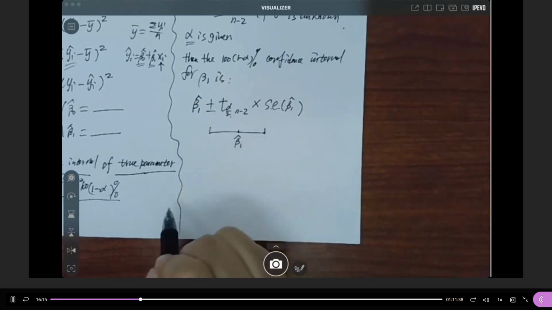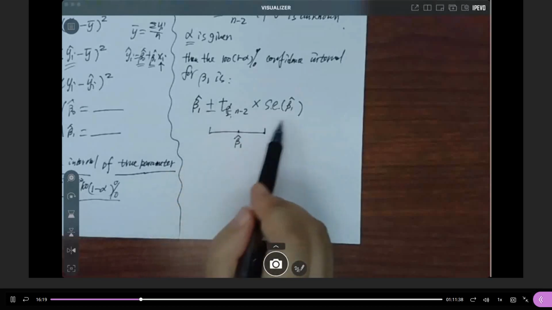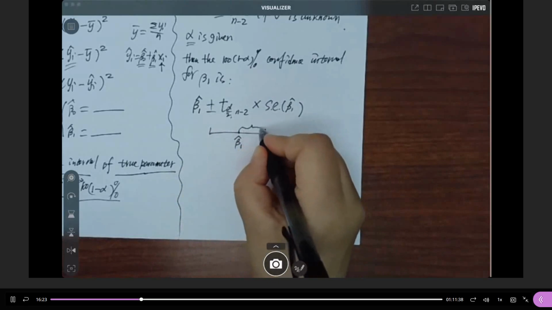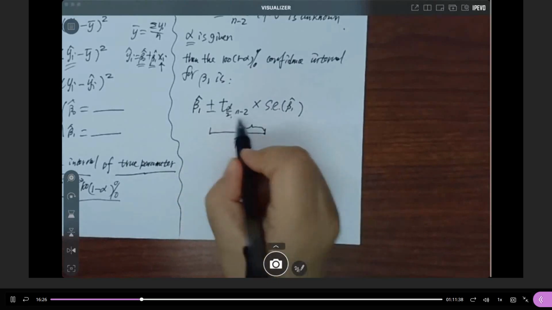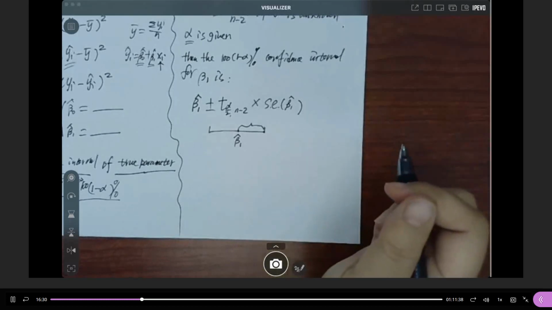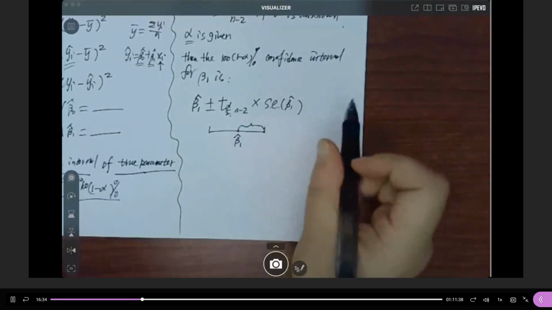If you do plus, you get the upper bound. So it's a point estimate plus minus half length of the interval. The half length here is given by the t cutoff value multiplied by the standard error of beta 1 hat. So how do you come up with the standard error of beta 1 hat?